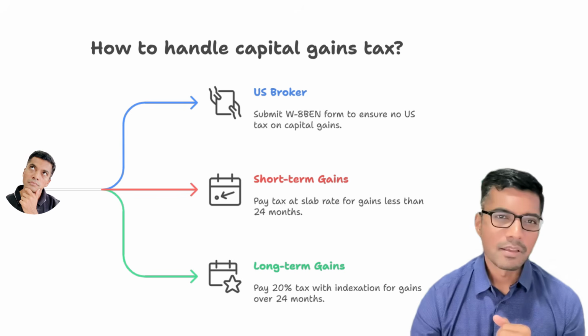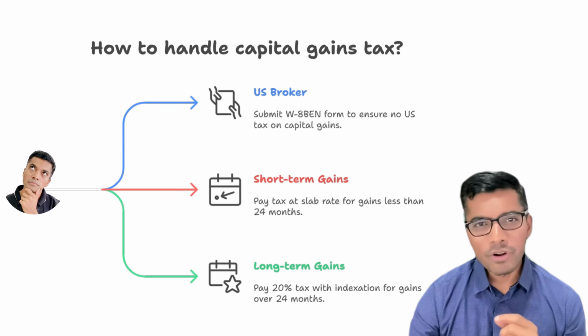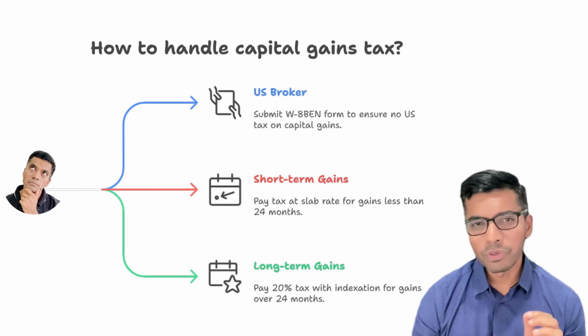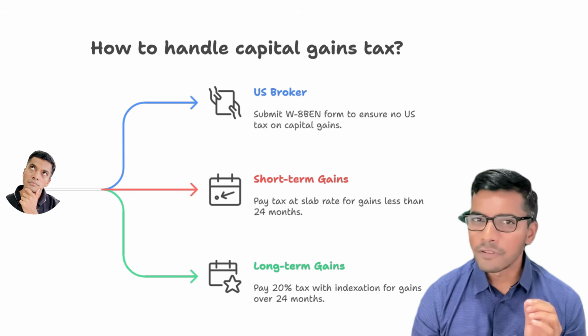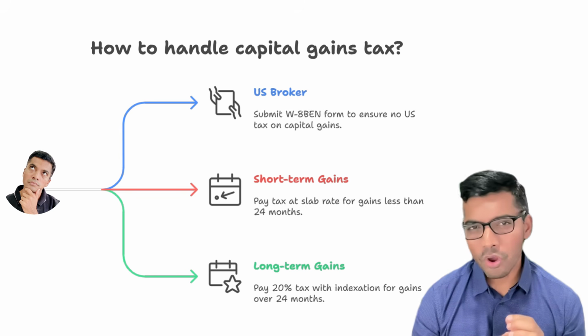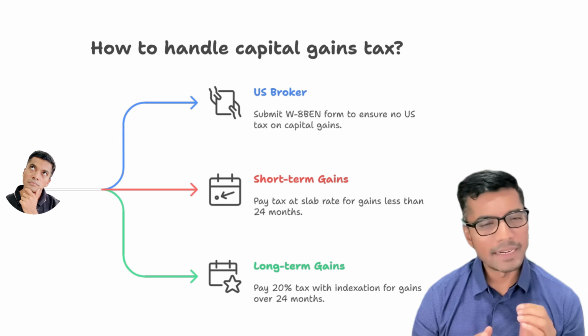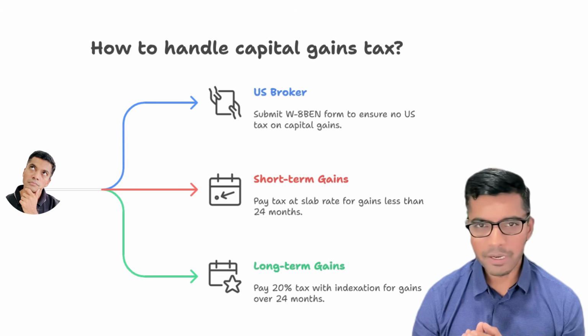Capital gains. In US, for non-residents, there is no capital gains tax on stocks or ETFs. However, in India, if you have held the stocks or ETFs for less than 24 months, it's considered short-term capital gains and it's taxed at your slab rates.